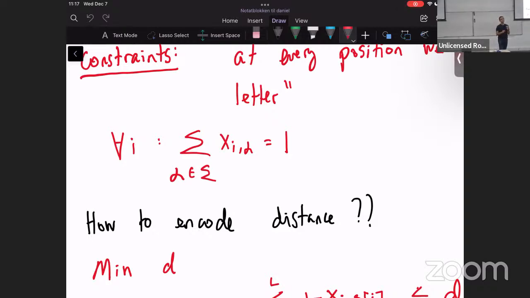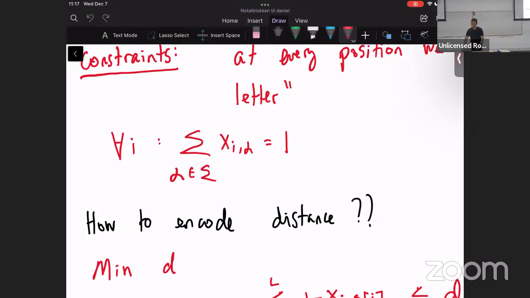And now here is a simple observation. If my string s is ABC, then at the first position, if x_1,a is not equal to 1, then that should contribute 1 to the distance from the center string to s, right?